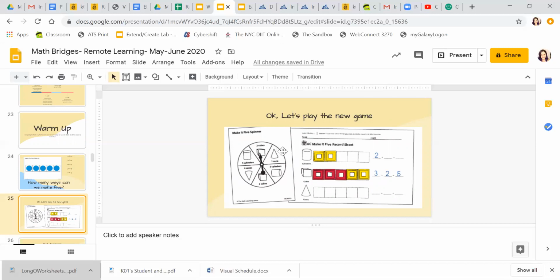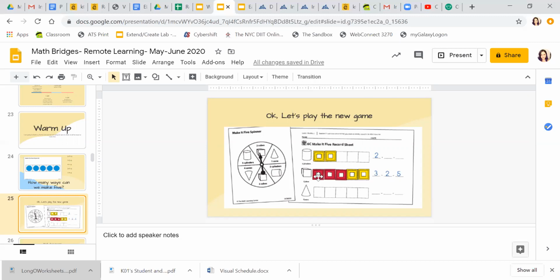So when I spin the spinner and it lands on one of these, so say it lands on 2 cubes, I'm going to go to the cube section, find the cube line, and I'm going to put 2 counters on the cube line. Okay? You see how that works?